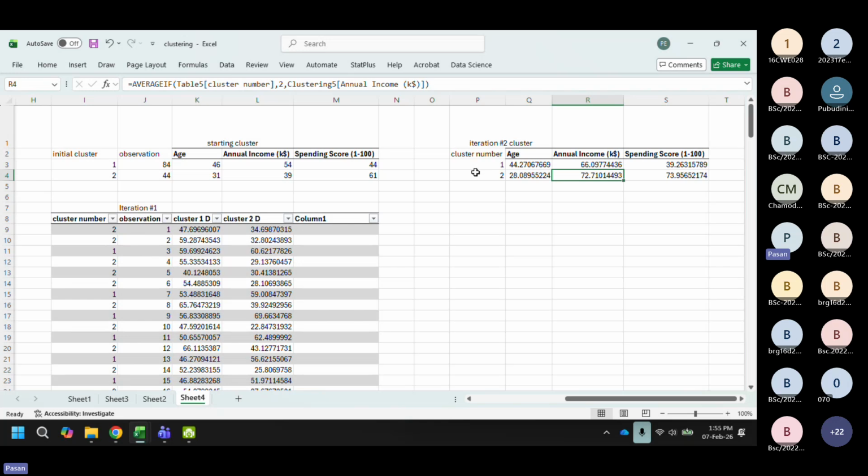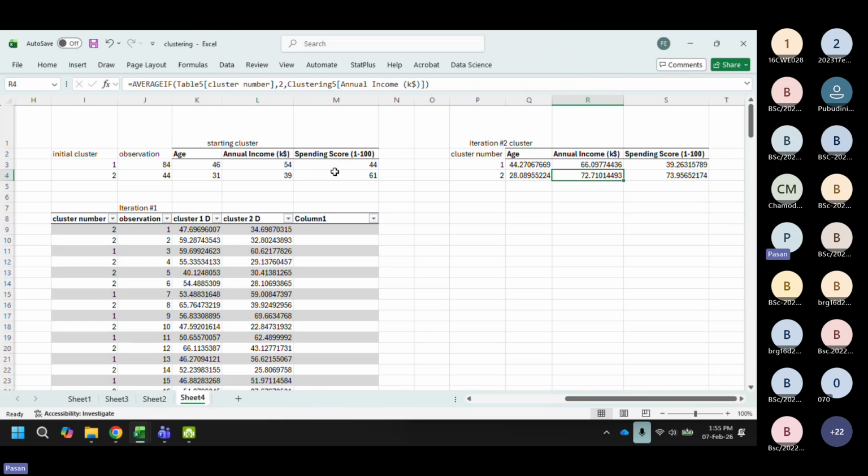So by looking at these numbers, what can we see? Initially, I took 46 as my center for the age, right? But then it changes to 44.2. And the income was 54 here, but it goes to 66 here.